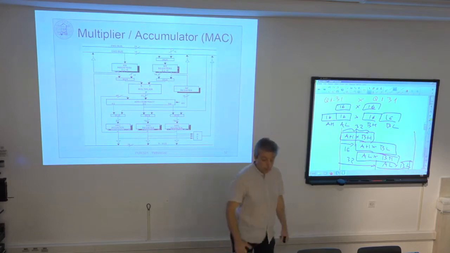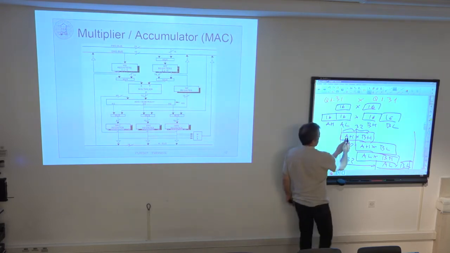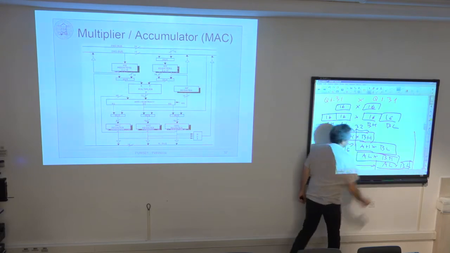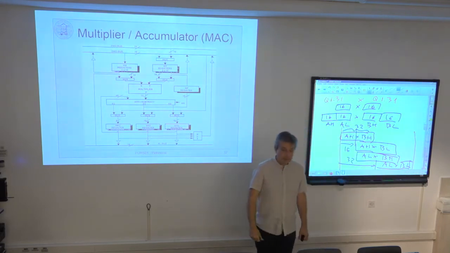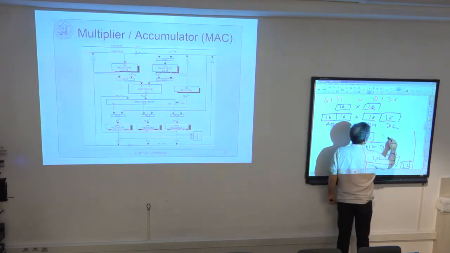So when do I use signed as an input argument, and when do I use unsigned? For example, this here, high times high. How do I interpret these two arguments? Both signed. So this will be signed, signed.